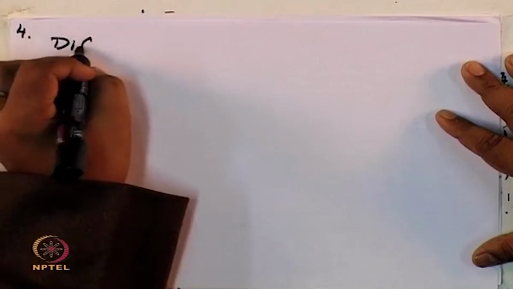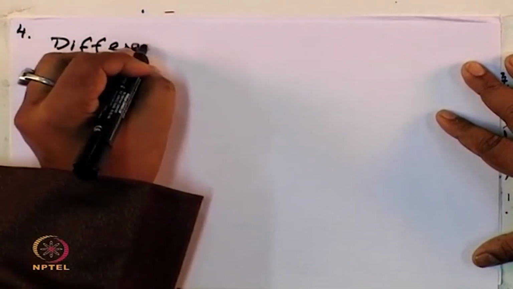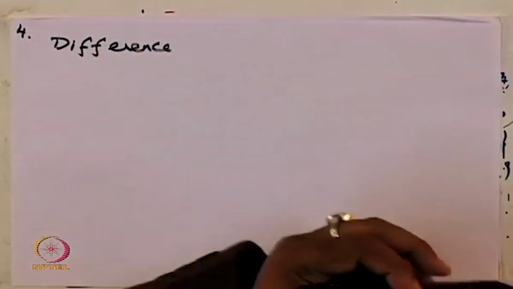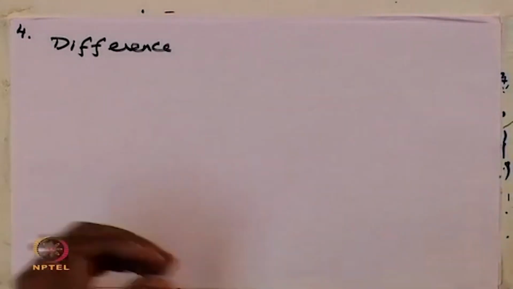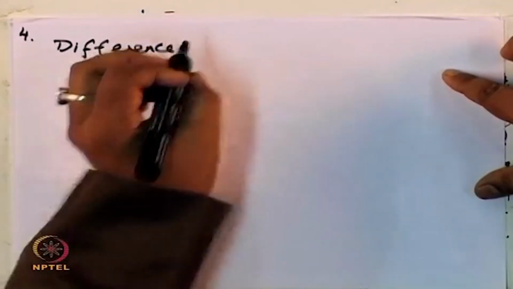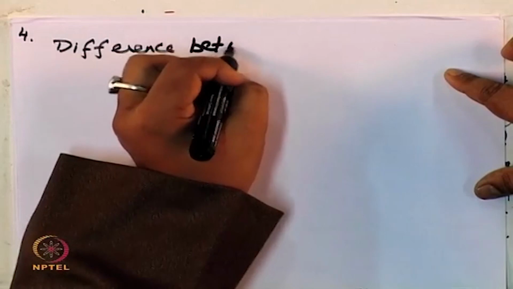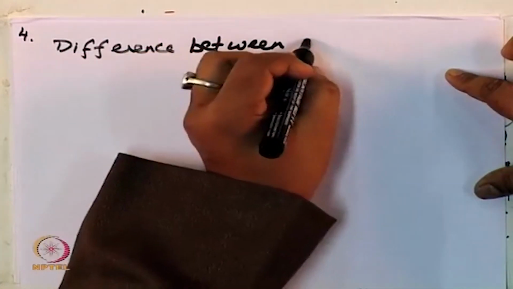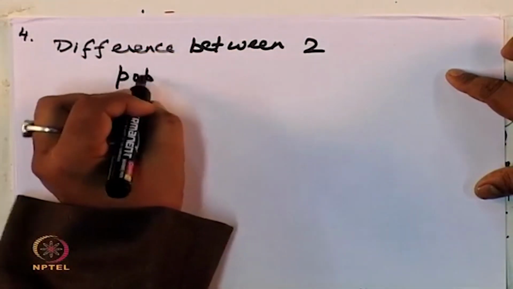Towards the end of the last lecture, we discussed estimating the difference between two population means. We wanted to predict the difference between two population means.